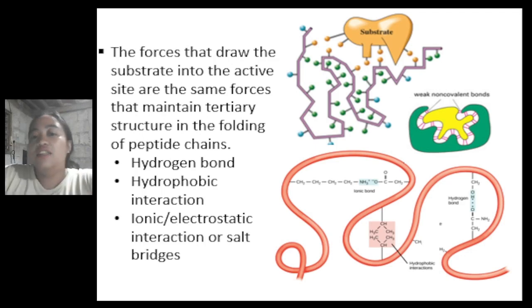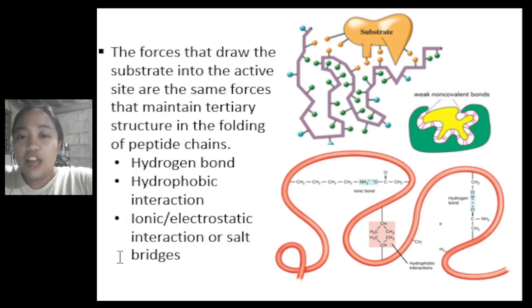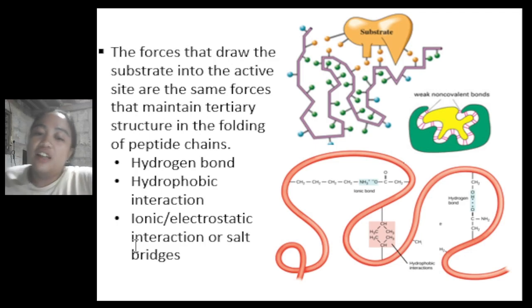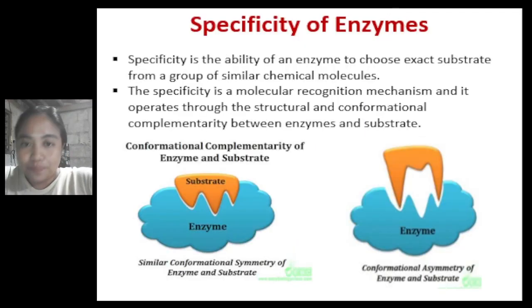So, again, these are the three interactions between the substrate and the active site: the H bonding or the polar-polar interaction, the hydrophobic interaction between nonpolars, and then the salt bridge or the electrostatic interaction.